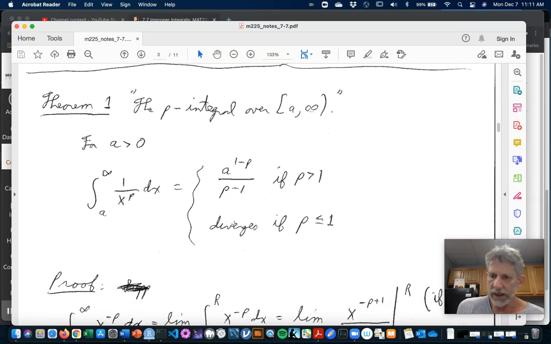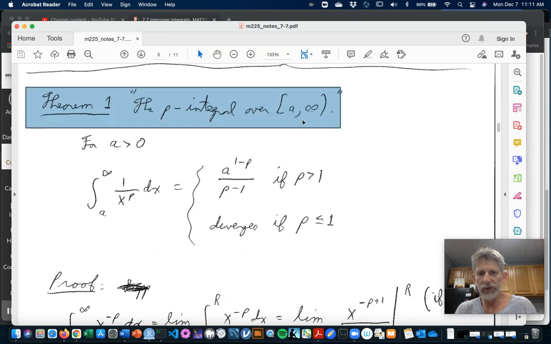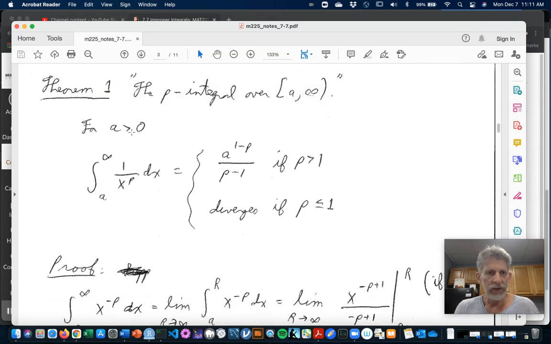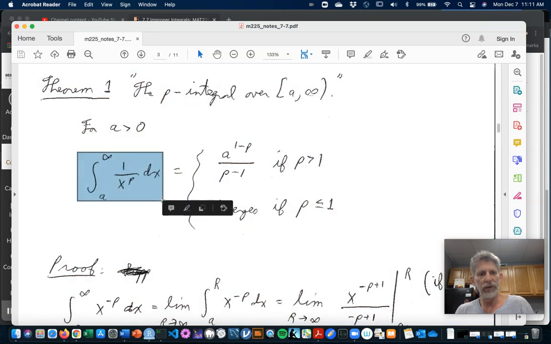We can generalize this thinking somewhat for these power functions. This is Theorem 1 in the book called the p integral from a to infinity. So imagine a is just some positive fixed real number, and you're interested in the integral from a to infinity of 1 over x to the p, where p is some constant power.